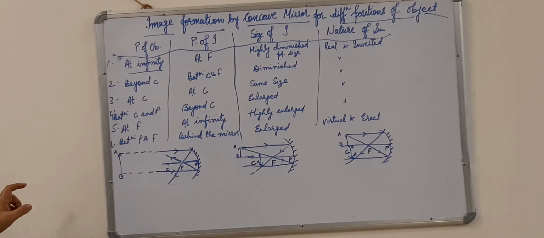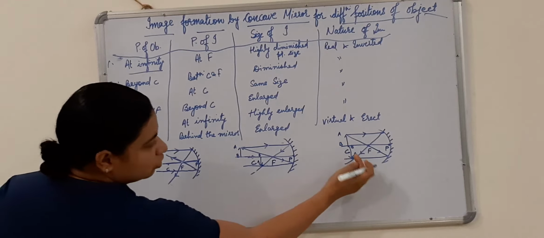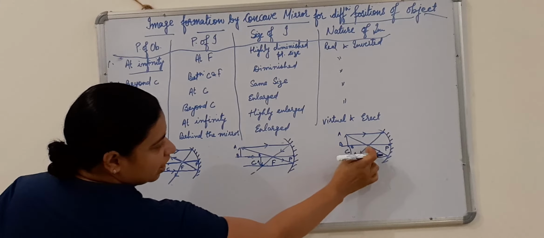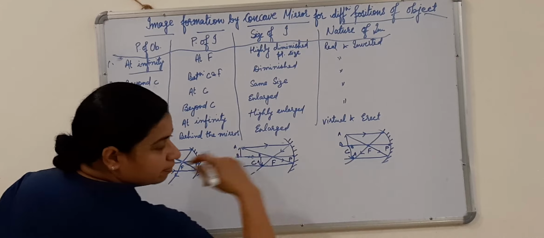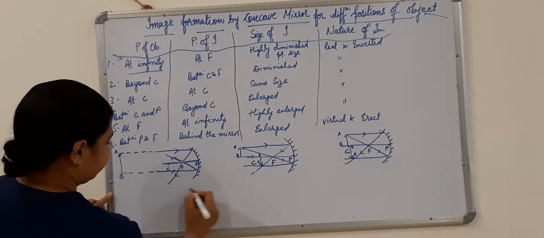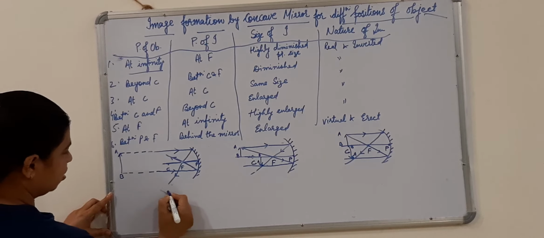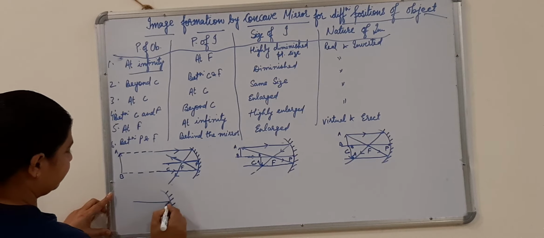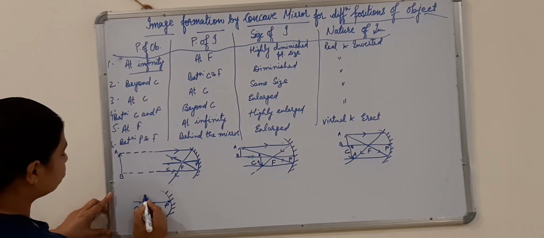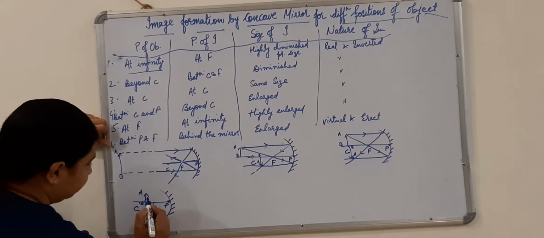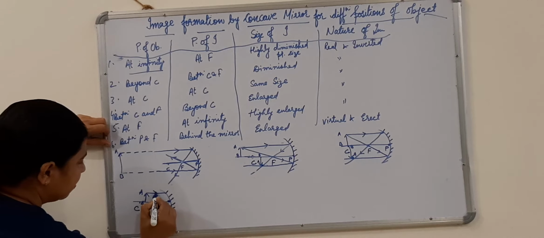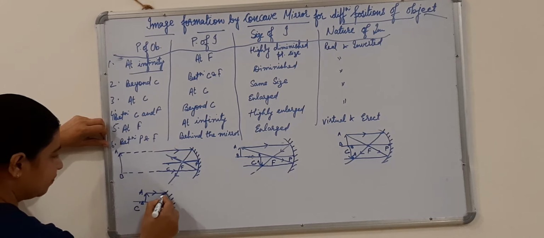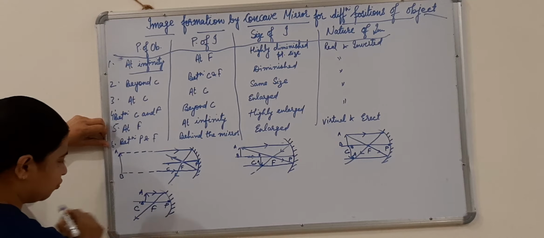Now let us do our fourth position. Now the object has come to C. Where will it move further? Closer to the mirror, between C and F. Again, concave mirror. This is my pole, focus, center of curvature. Now the object is between C and F. This is A, this is B. I am going to follow the same rays. A parallel ray after reflection will pass through the focus.